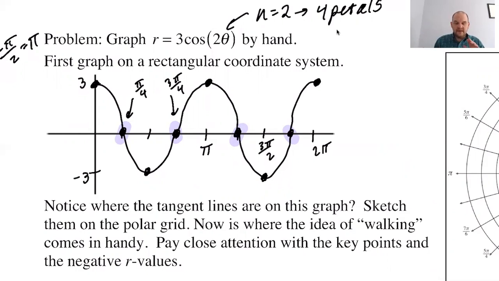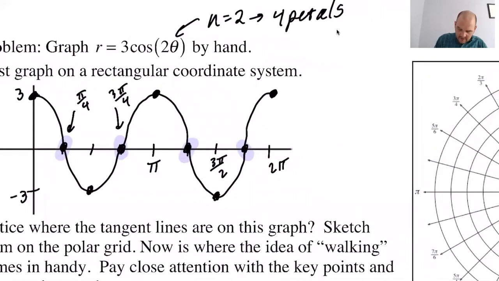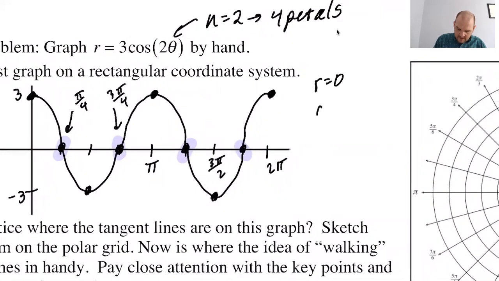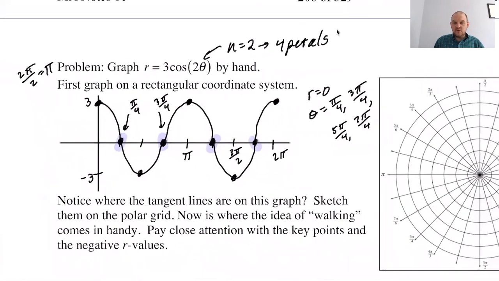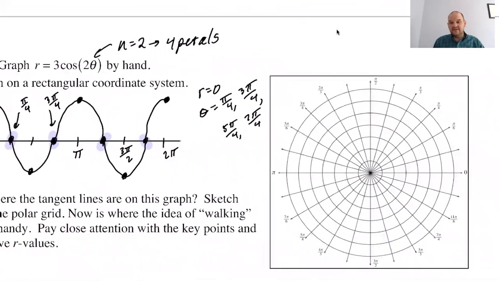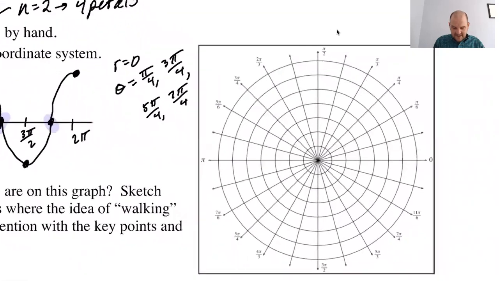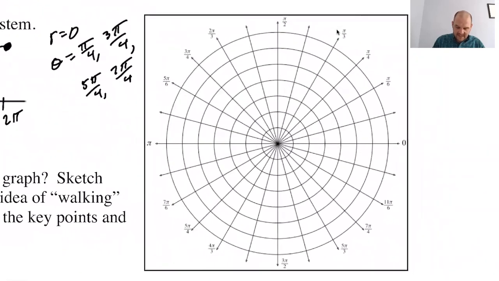So this is when r equals 0. r equals 0 gave me theta equals pi over 4, and it gave me 3 pi over 4. It also gave me, I'll write them down, 5 pi over 4 and 7 pi over 4. I got all the pi over 4s. I'm going to dot them in on this grid. These are what are called tangent lines.